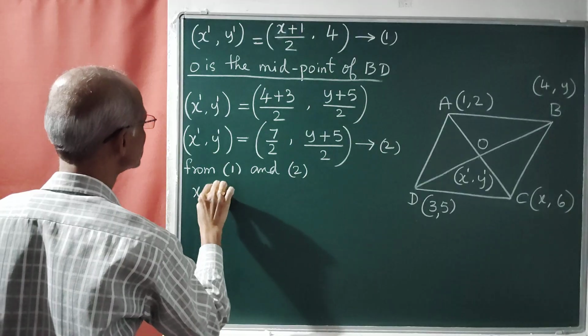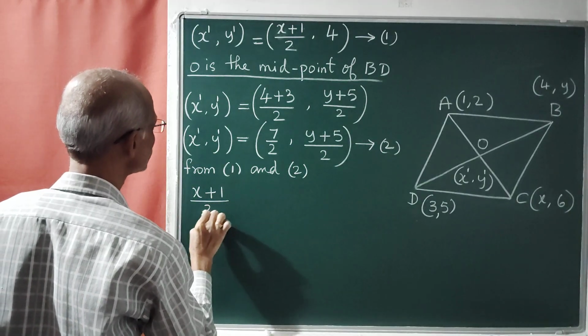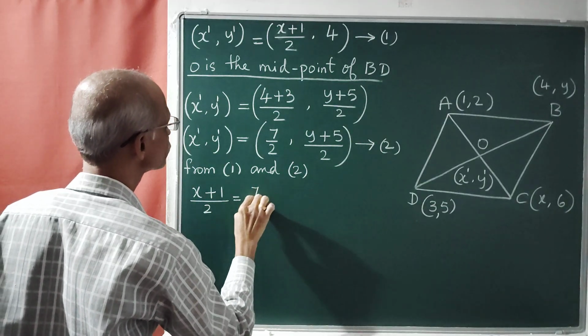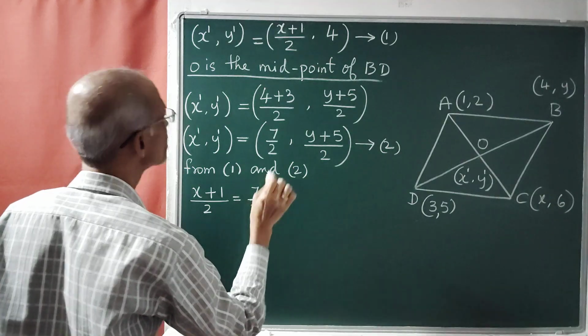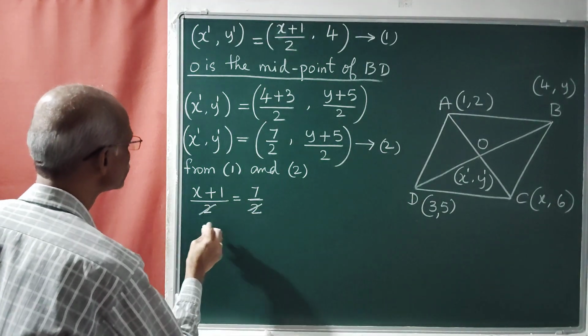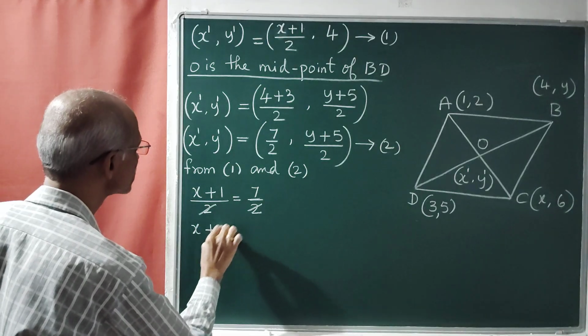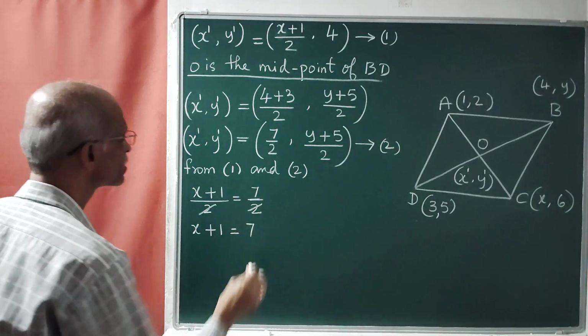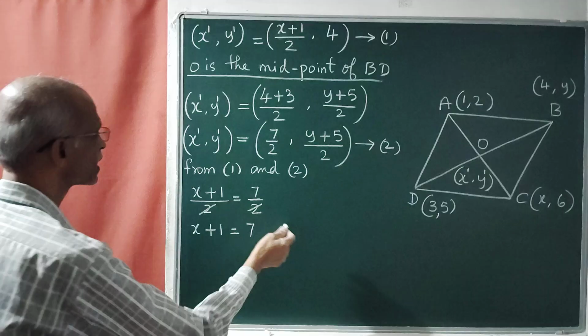So x plus 1 by 2 is equal to 7 by 2. Here you can cut off 2 from both sides. So x plus 1 will be equal to 7. Transpose 1 to the right side.